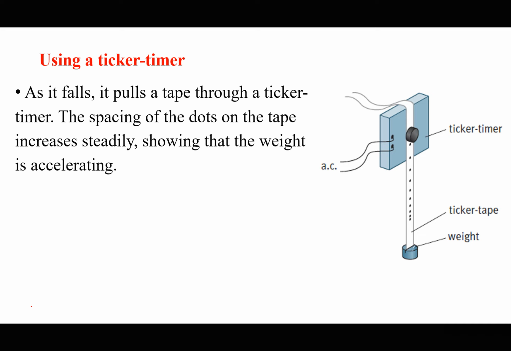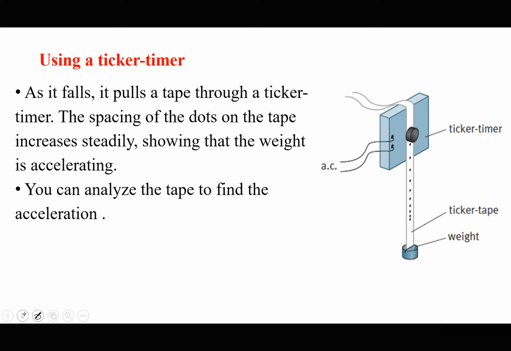As it falls, it pulls the tape through the ticker timer. The spacing of the dots on the tape is expected to increase uniformly, showing that the weight is accelerating, because an increase in the distance between the dots, as we saw in lesson 1, indicates that the speed is increasing, which means the mass is accelerating.